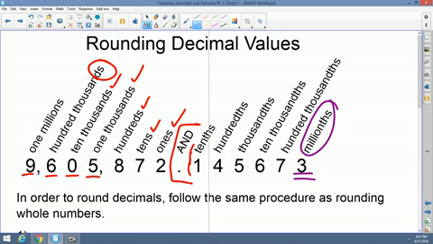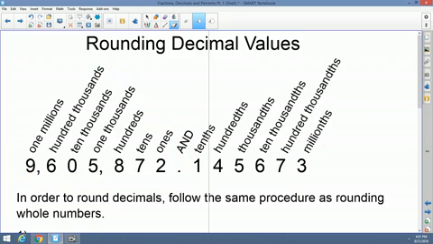Because the 3 is ending in the millionth spot. So one more time, this whole number would be read as 9,605,872 and 145,673 millionths.